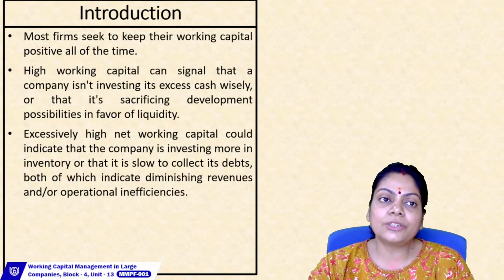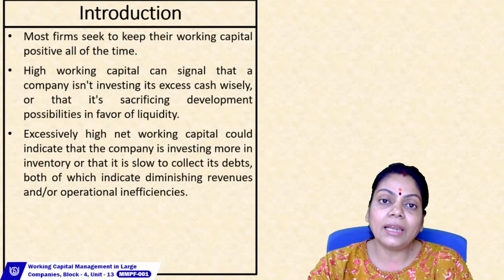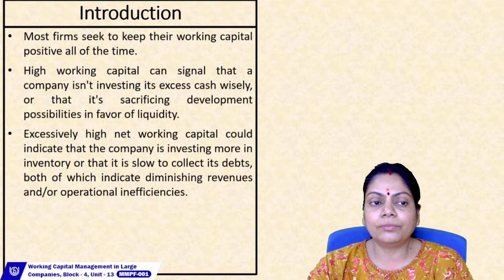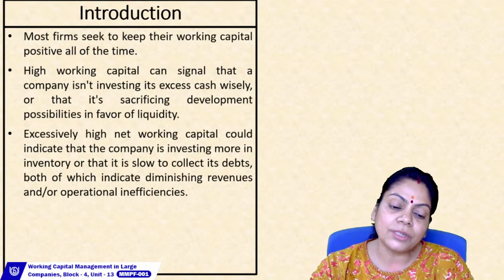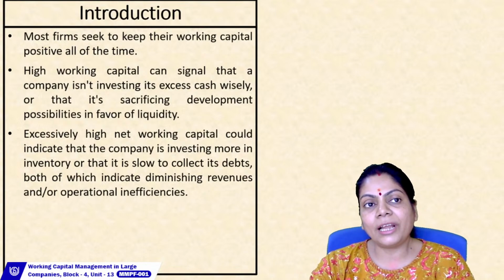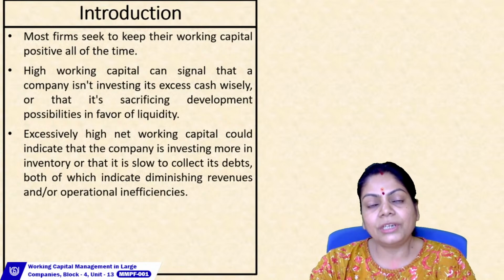Now, the point is, one thing is to have a positive working capital, and the second is if you have a very high level of working capital. The thumb rule may not be true for all firms, but it says that the current asset to current liability ratio should be around 2:1. It depends on the industry.